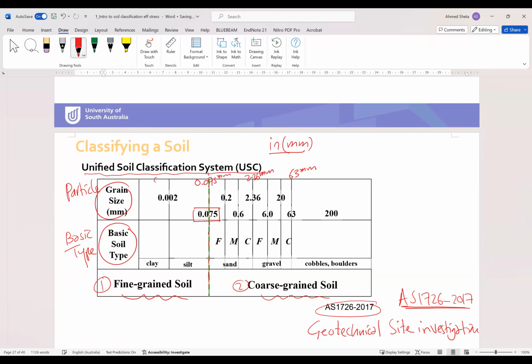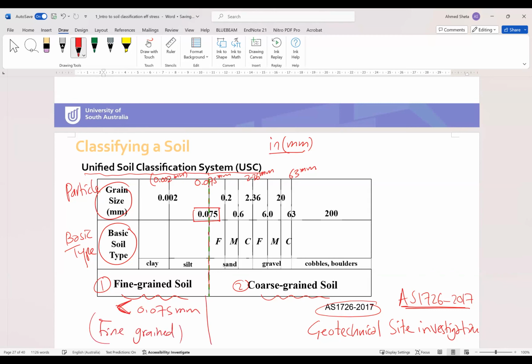And here is 0.02 millimeter, very small. Okay, so if the size of the particles is less than 0.075 millimeter, the soil is fine grained.